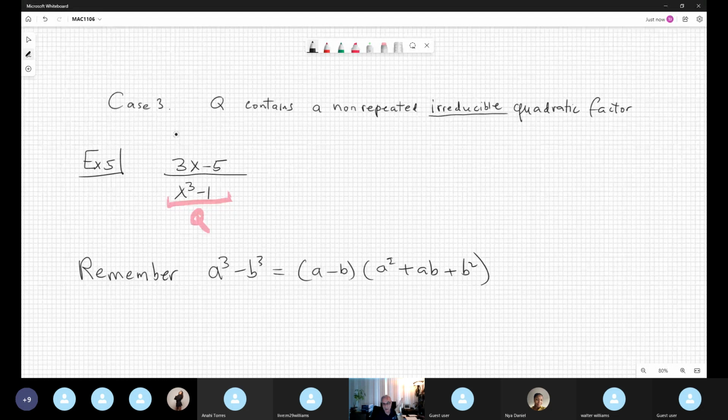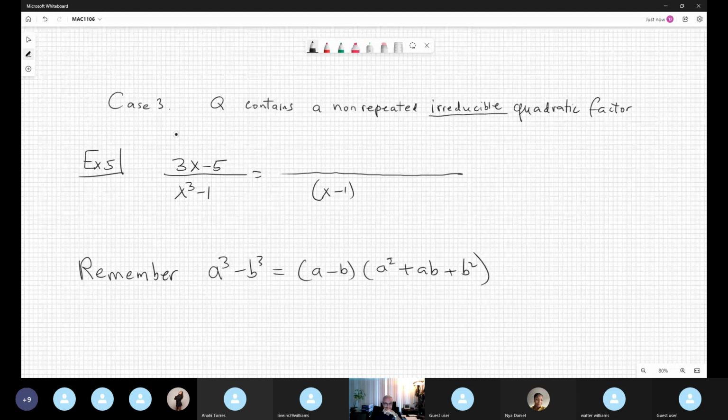When you see it, you remember, right? The factorization is x minus 1, in this case because a is x and b is 1, times (x squared plus x plus 1). And the top, I don't touch. It stays the same.